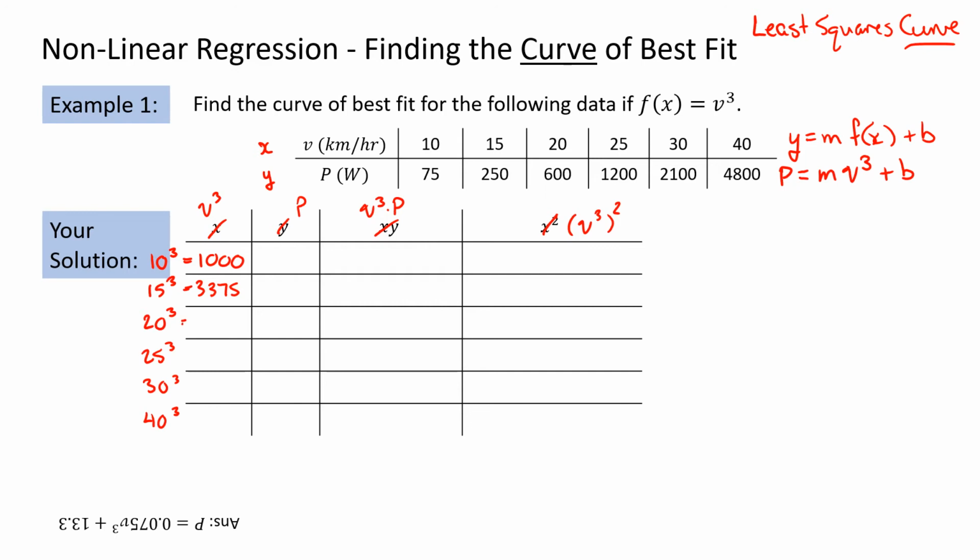Okay, so simplifying those, okay, 20 cubed is 8,000. 25 cubed is 15,625. 30 cubed is 27,000. And 40 cubed is 64,000.